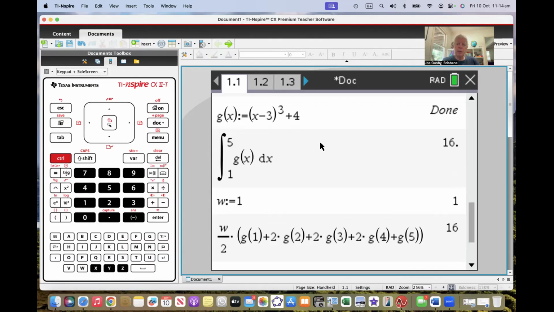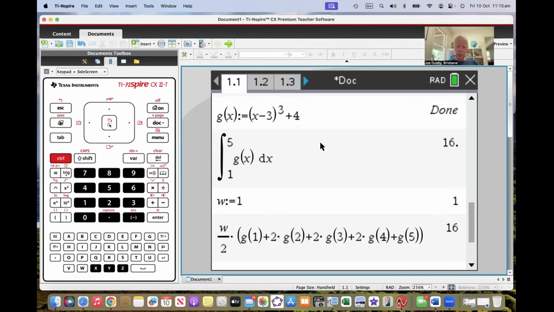Now, I don't mean simple ones like linear functions, or in the case of Simpson's rule, quadratics or cubics. This particular function is a cubic, but in fact it doesn't matter that it was a cubic. Notice that the trapezoidal rule still gives the exact answer.